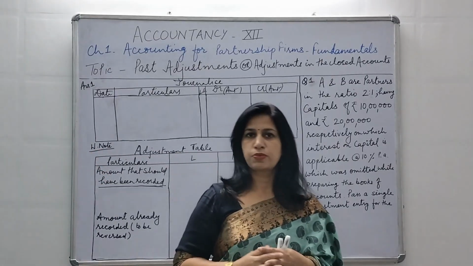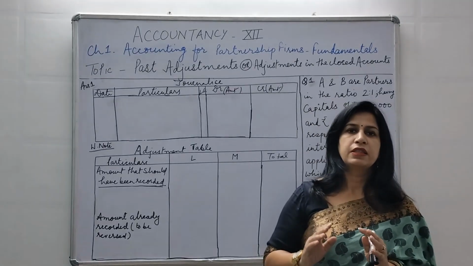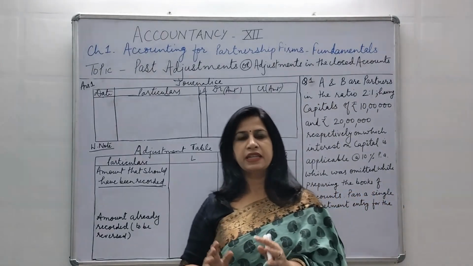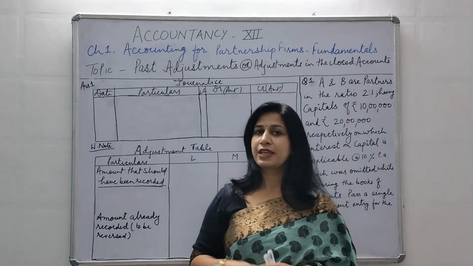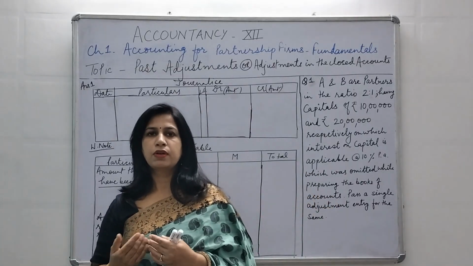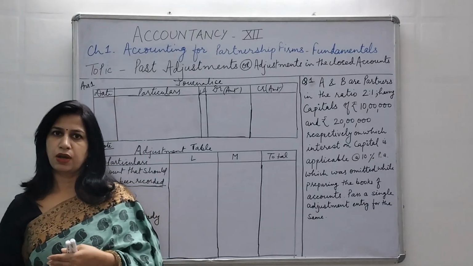Interest on drawings was not supposed to be charged, but it has been charged. So these are all examples of the errors which might take place while preparing the books of accounts, which cannot be altered, which cannot be brought in the already prepared accounts.